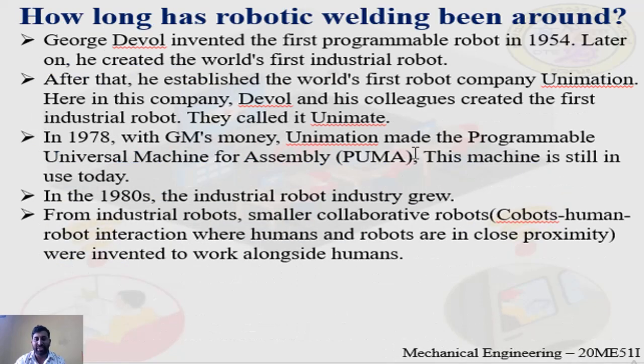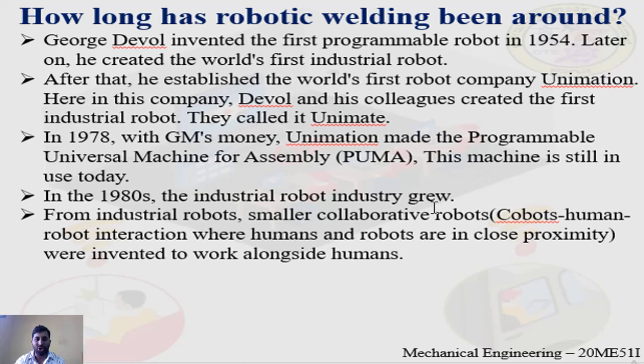We may think that robots are something we are only now developing, with so many technologies being used to develop a robot, but that's not true. Actually, robots started in 1954.